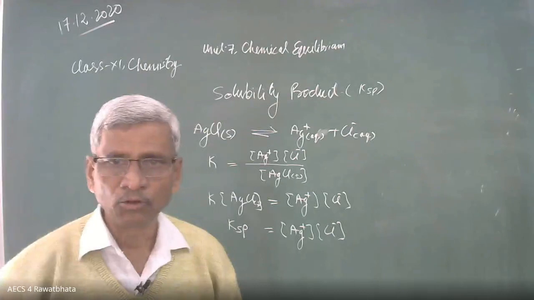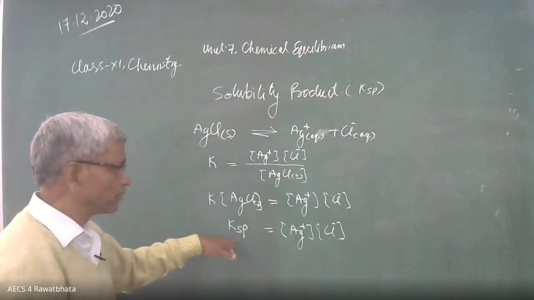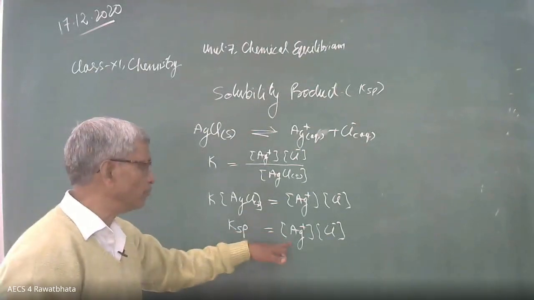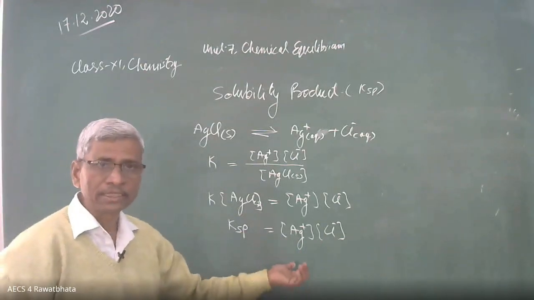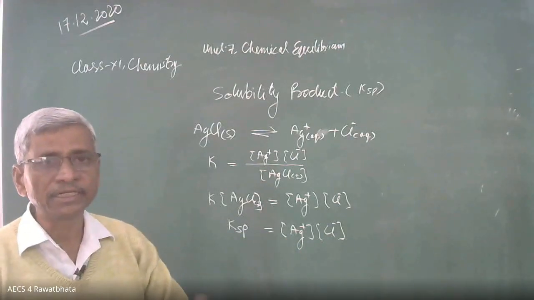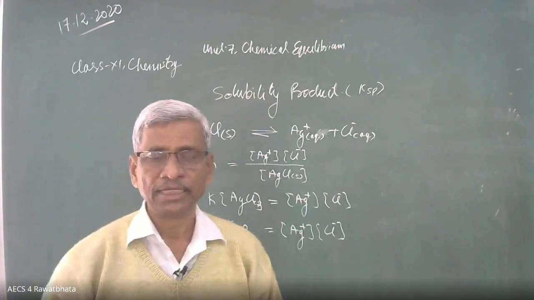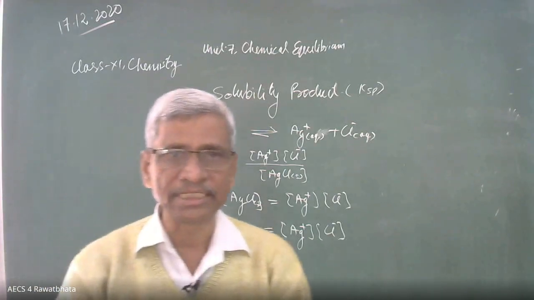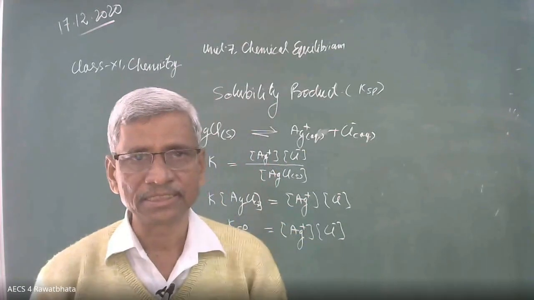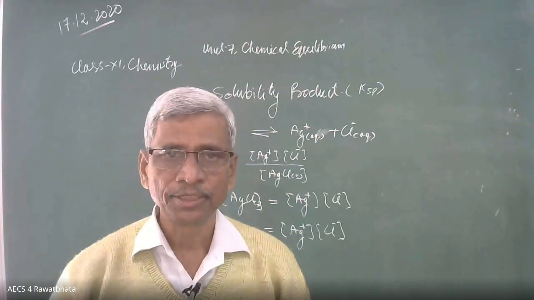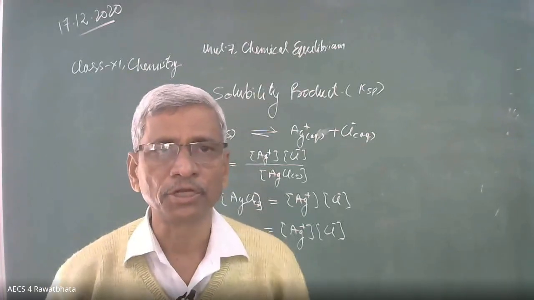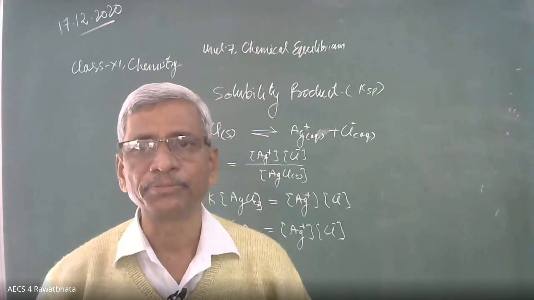How to define? Solubility product is the product of molar concentration of ions of a sparingly soluble substance in its saturated solution. In a saturated solution of a partially soluble, insoluble, or sparingly soluble substance, the product of molar concentration of ions is called solubility product.